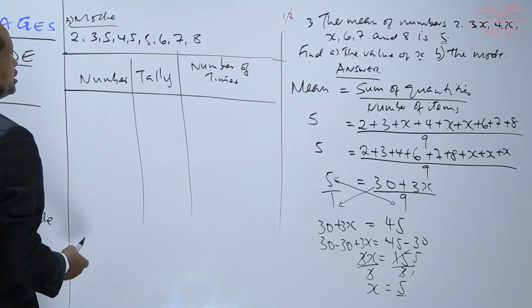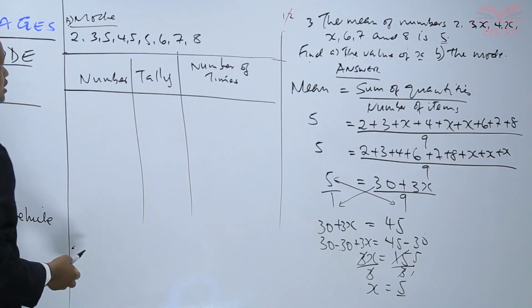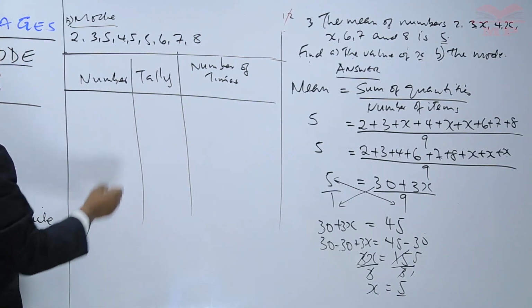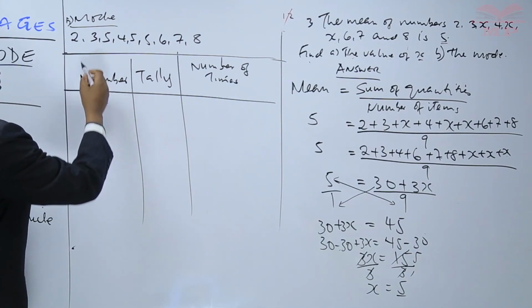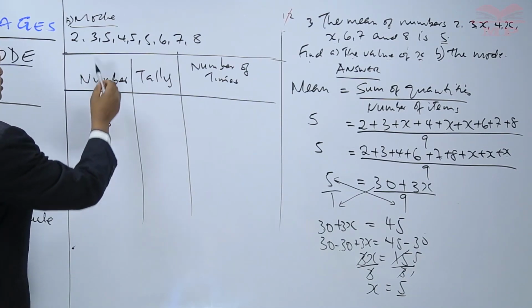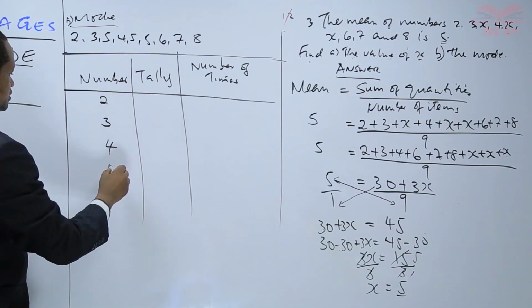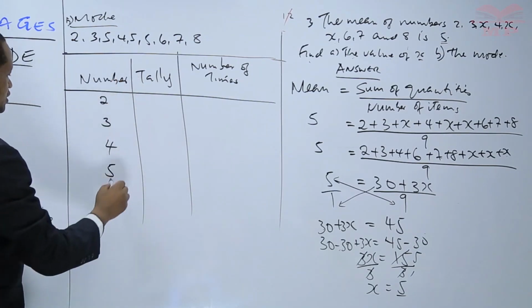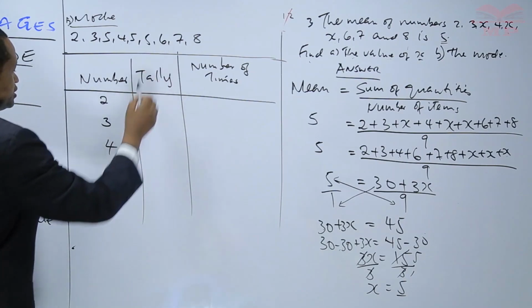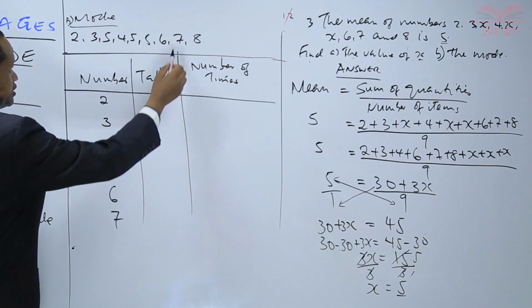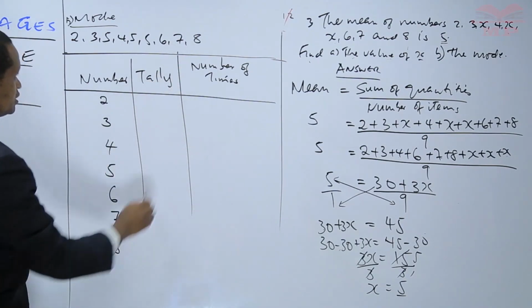So numbers, we can arrange them in descending or ascending order. We can start with 2, 3, 4, 5, 6, 7, 8.